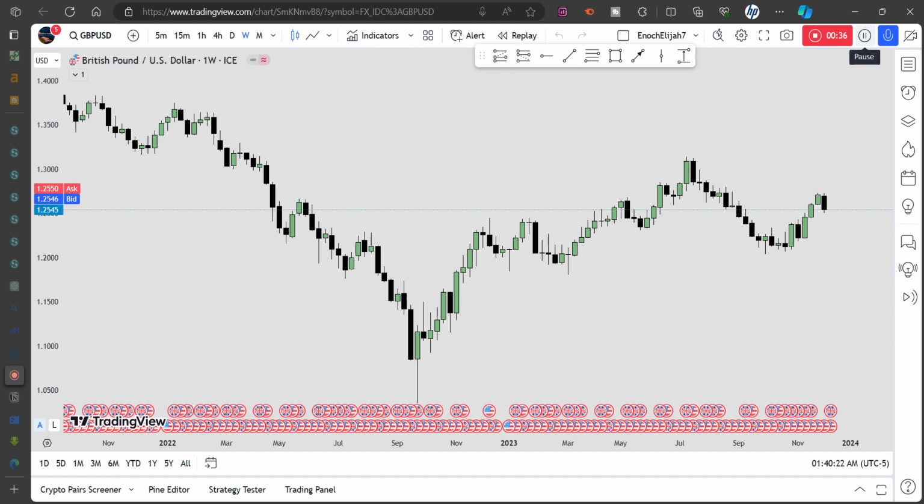Now, the thing is, trading is not about being 100% accurate in predicting the market. No, most of the time it is about likelihood playing out, trying to see what will likely play out next.